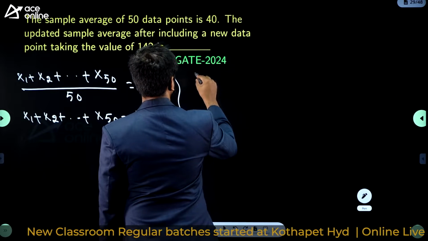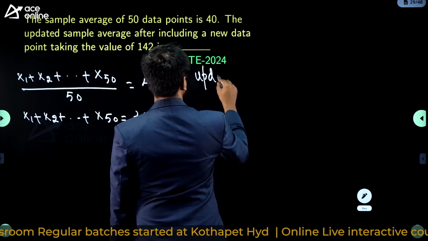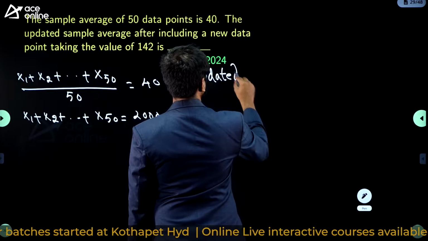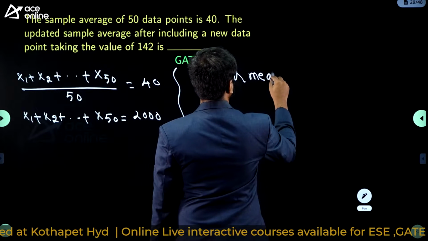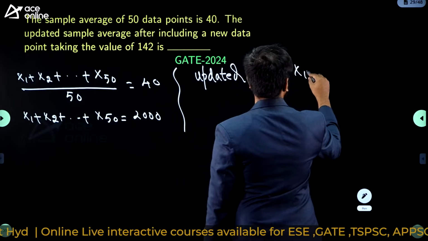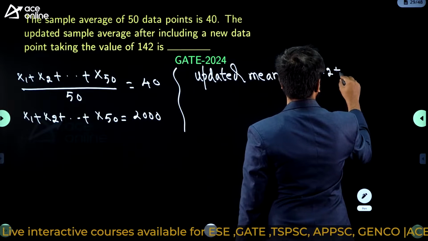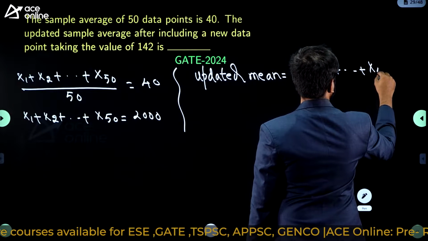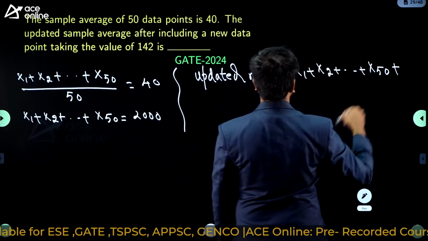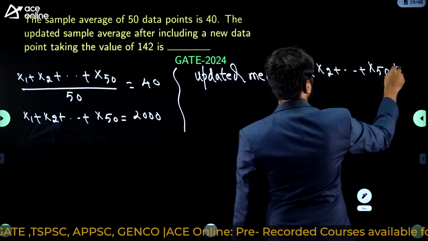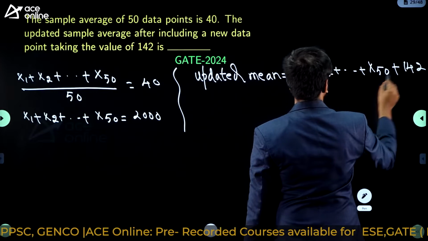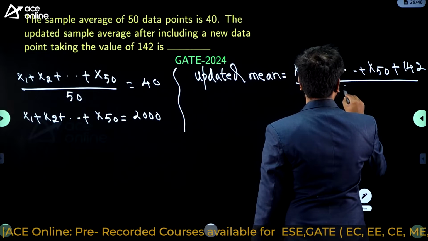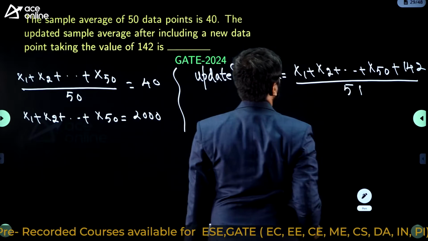So have a look at this. Updated mean is x1 plus x2 plus so on plus x50 plus x51. x51 is provided as 142, and then the whole is divided by the total number of observations, which is 51.